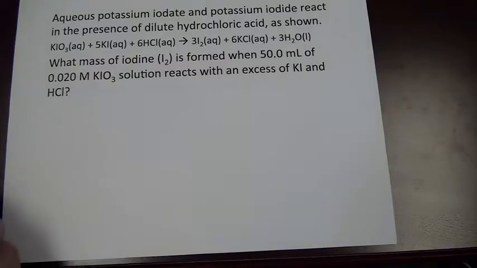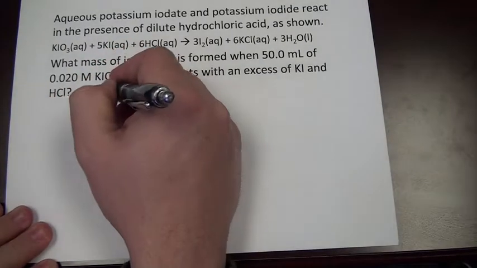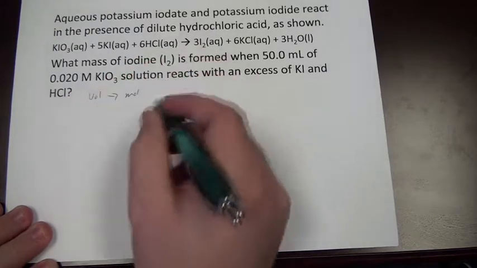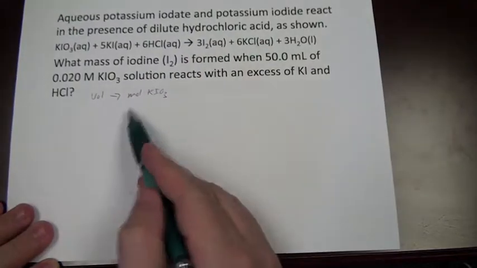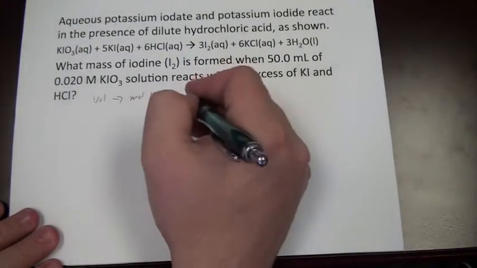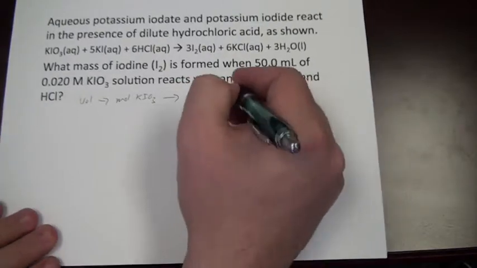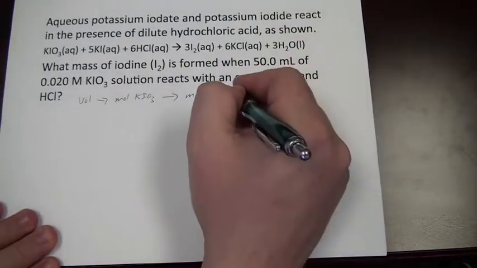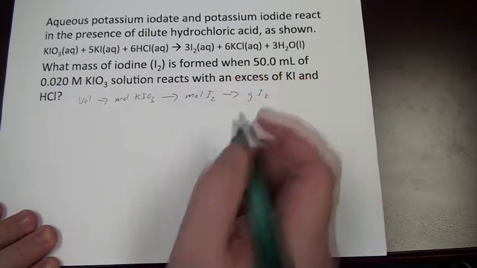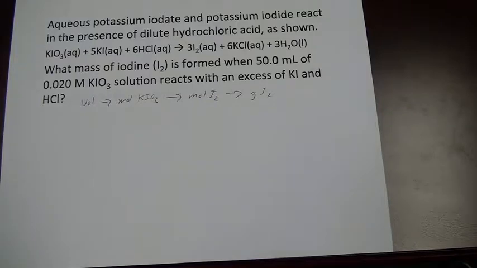So we're going to go from the volume of the solution present to the number of moles of KIO3 from the concentration, using the balanced reaction, we're now going to go to moles of I2, and then from that we want a mass, so we're going to go to grams of I2. Same sort of general stoichiometric properties we've done several times now.